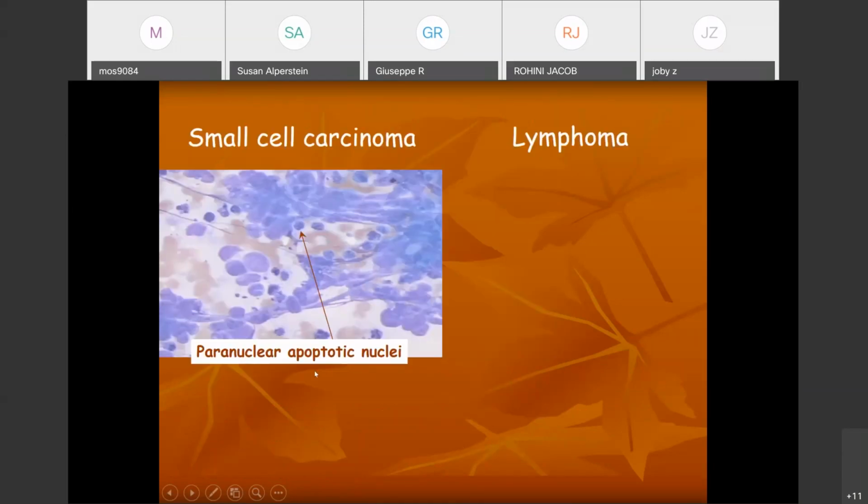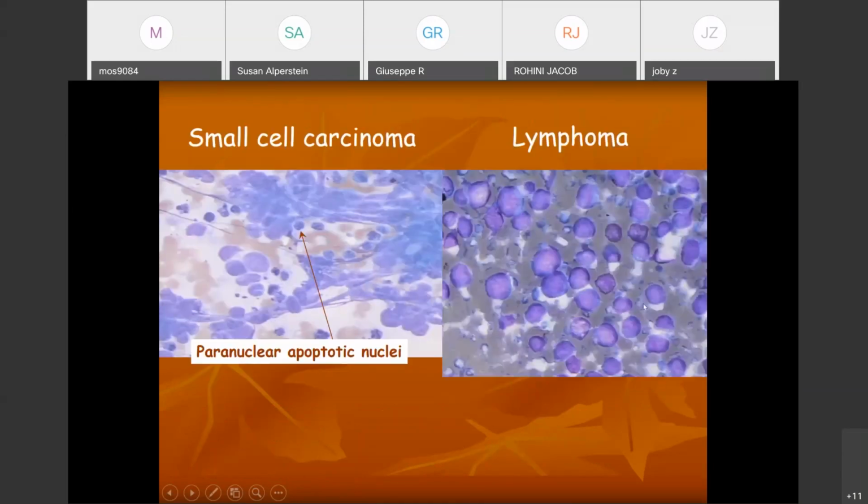So in this case, how to tell small cell carcinoma from lymphoma? Because small cell carcinoma has nuclear molding. Lymphoma has lymphoglandular bodies. Those are viable cytoplasmic fragments.